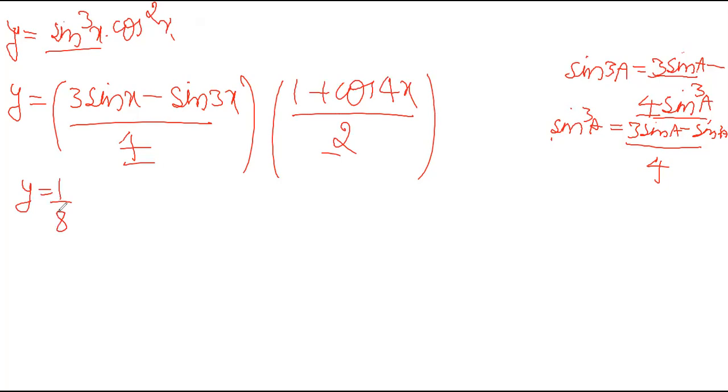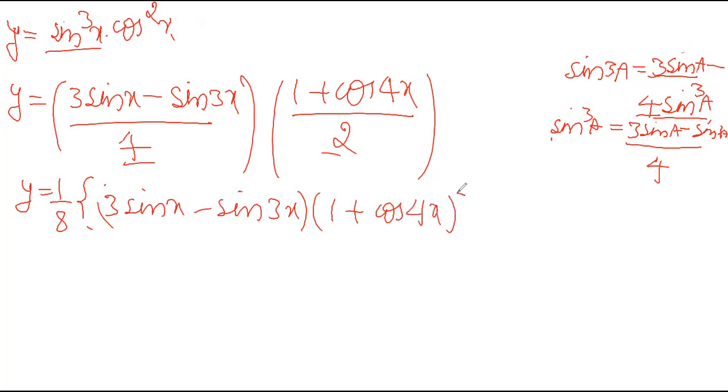After I take that outside, the remaining is: you multiply this one, that is 3 sin x minus sin 3x, then this one and the other, 1 plus cos 4x.